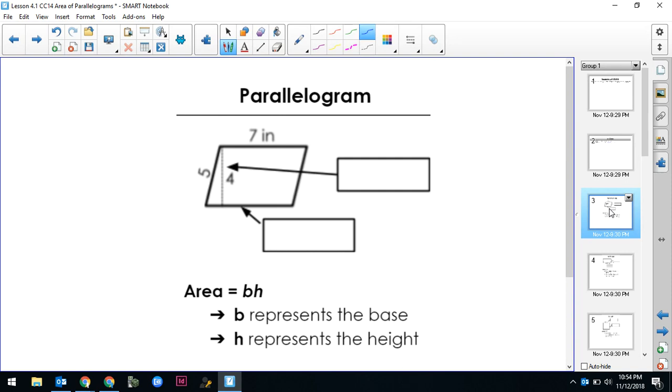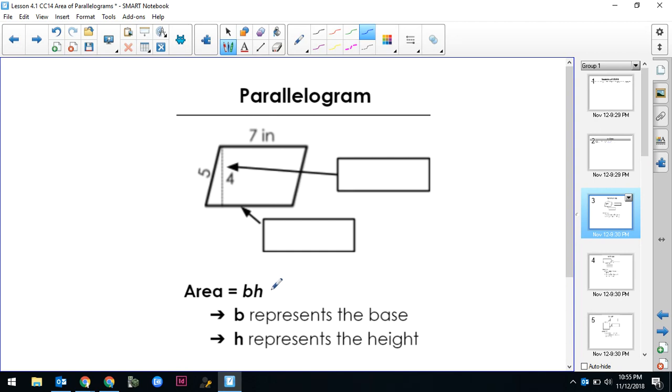So when we talk about the area of a parallelogram, you'll see underneath the picture the formula for area of a parallelogram. When I talk about a formula, it sounds a lot like algebra. We're going to be using letters and then changing them to numbers. So formula is just a fancy way of saying this is an algebraic problem, but it really means something.